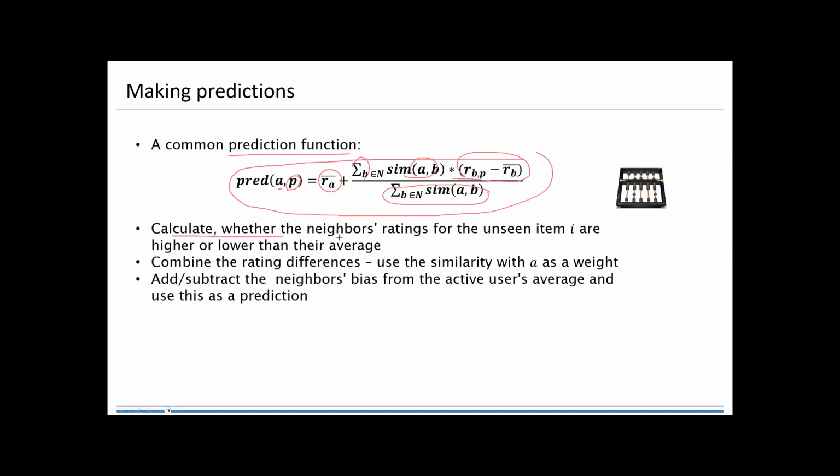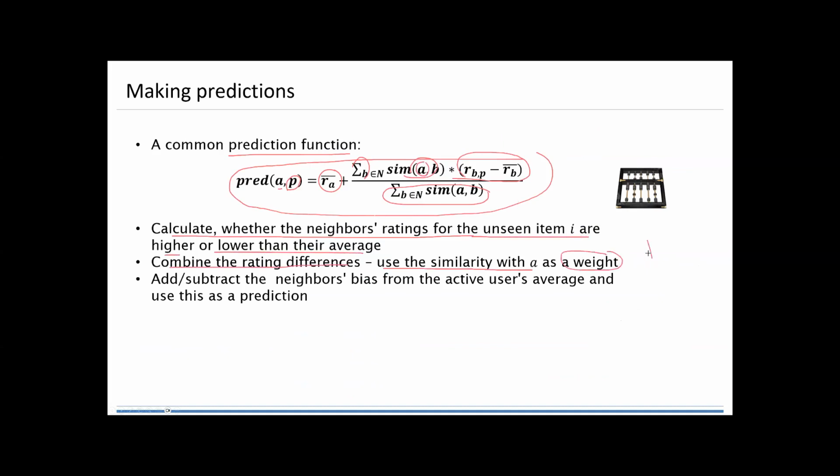So we calculate whether the neighborhood ratings for the unseen item P are higher or lower than their average. We combine the rating difference and use the similarity as a weight. So the similarity value will be the weight.